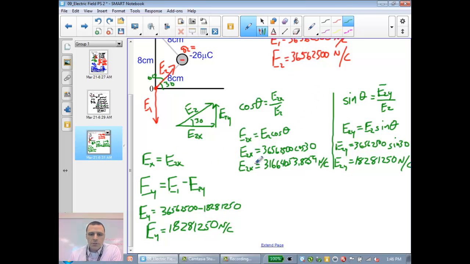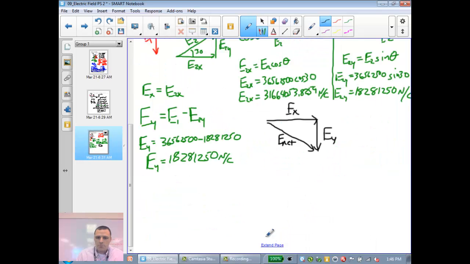So now I have an Ex value and an Ey value, and this is the final part of the problem where I put my Ex value together with my Ey value, and the resultant will be the net electric field.